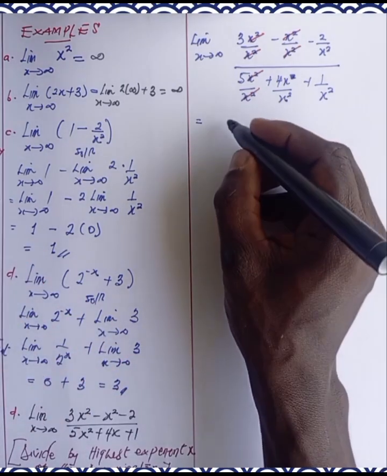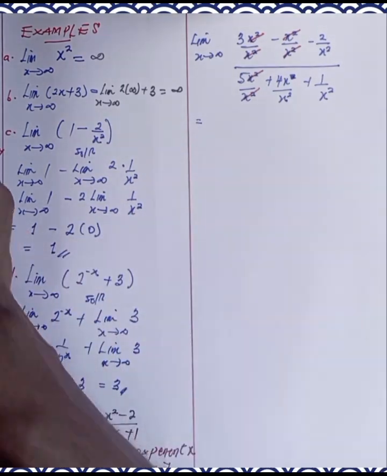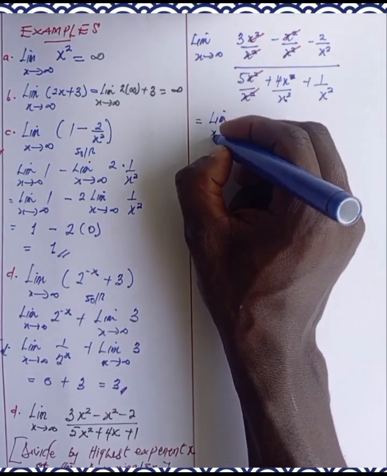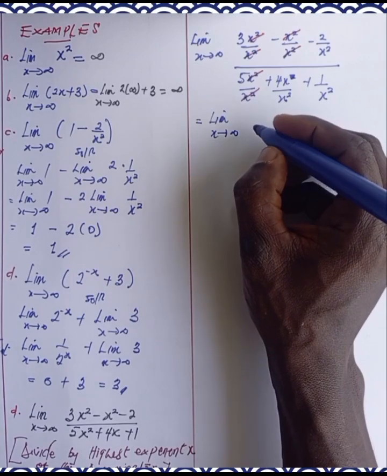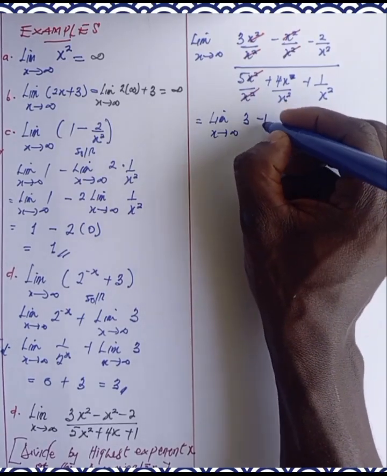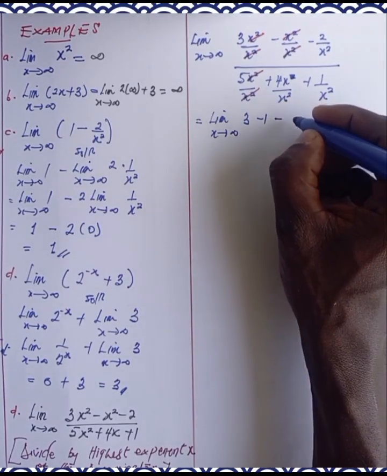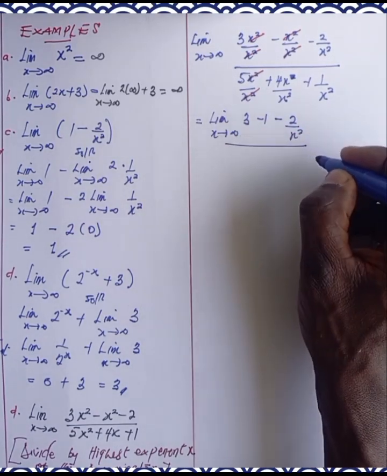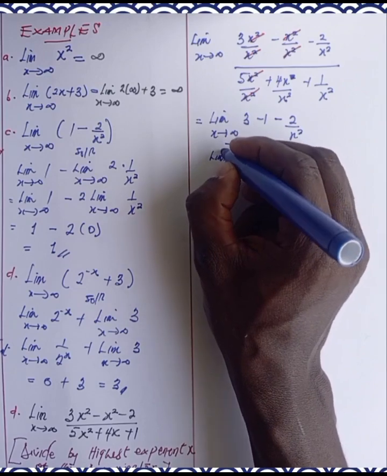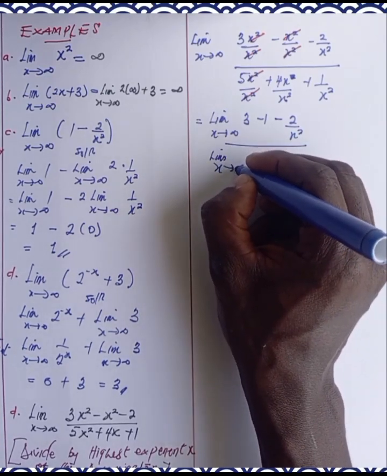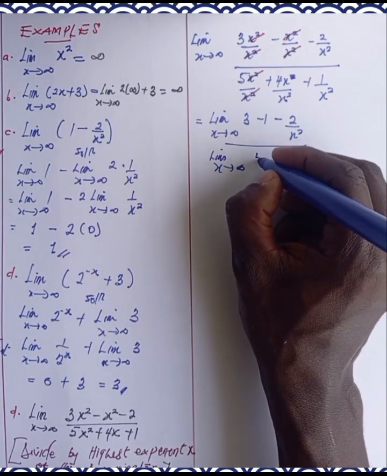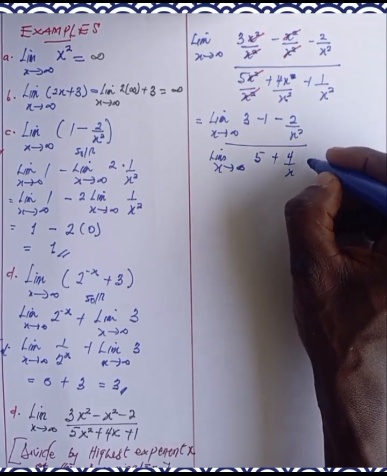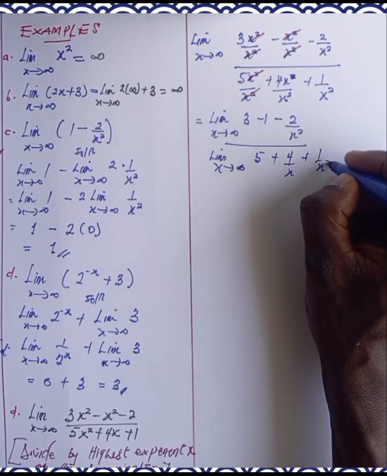So we are going to be left with the limit as s approaches infinity of 3 minus 1 minus 2 over s squared all over the limit as s approaches infinity of 5 plus 4 all over s plus 1 over s squared.